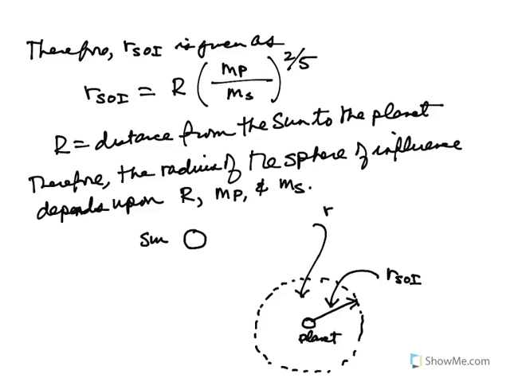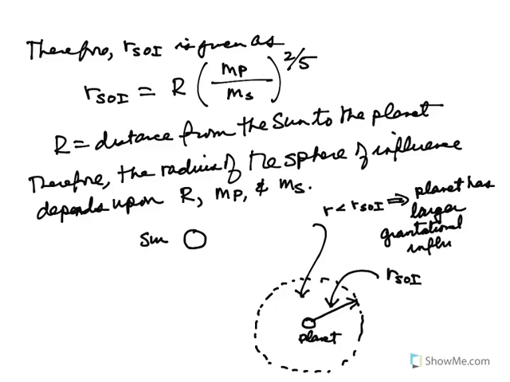So r less than R SOI implies the planet has larger gravitational influence on the spacecraft.